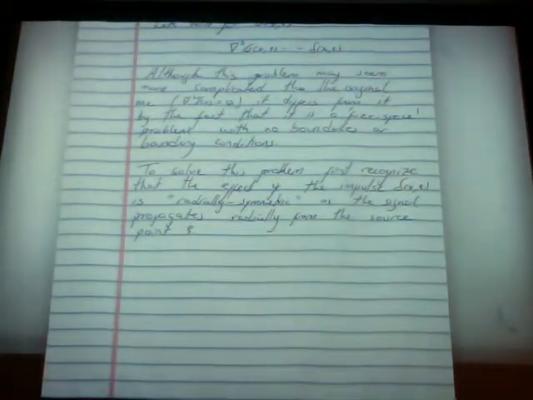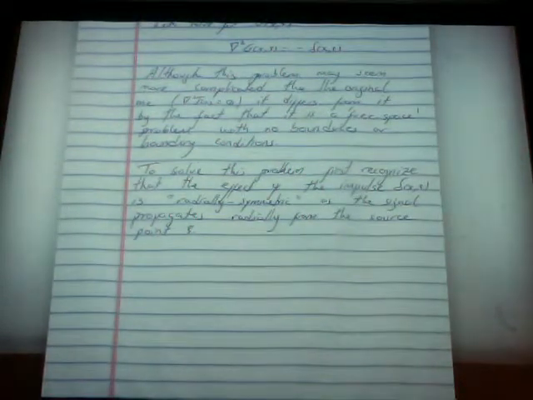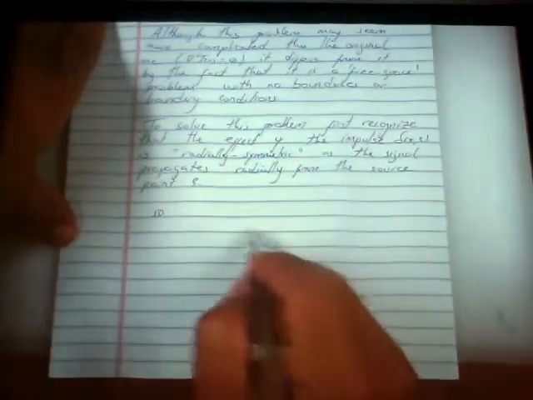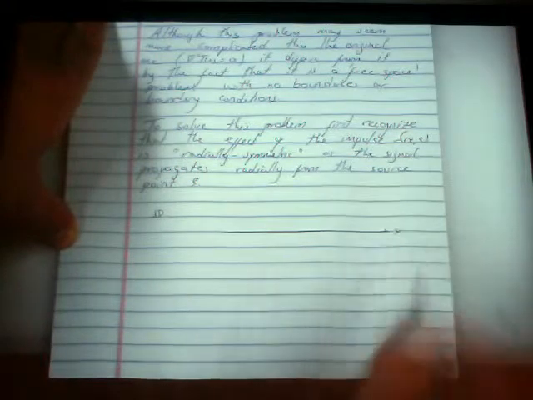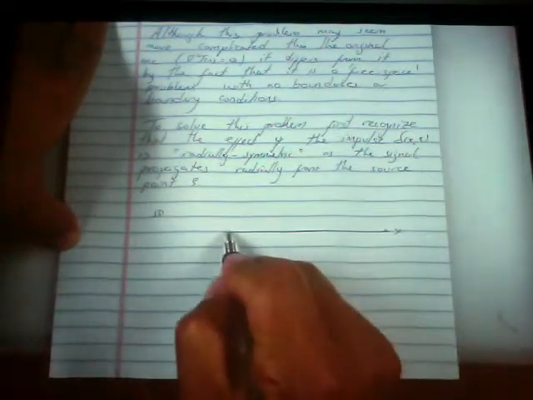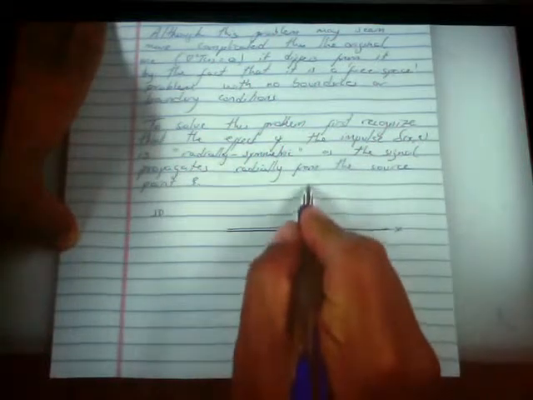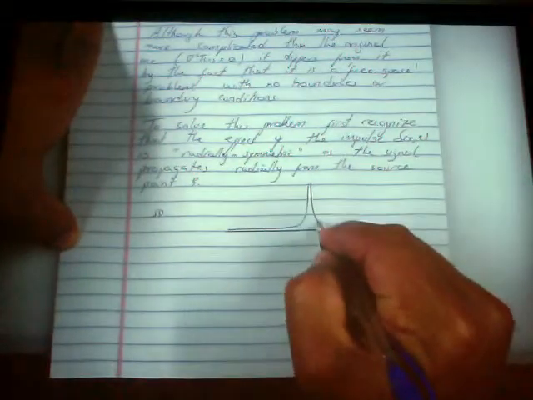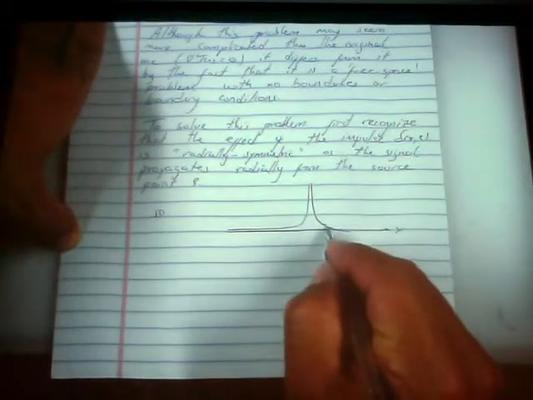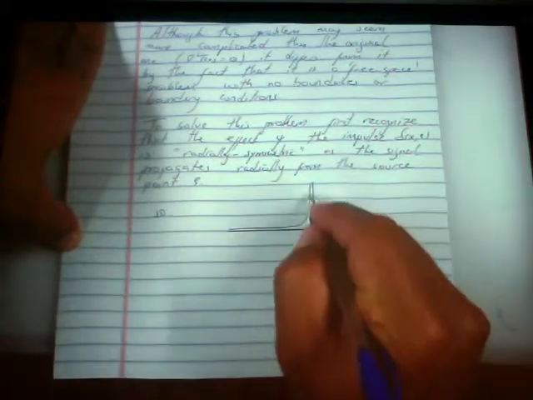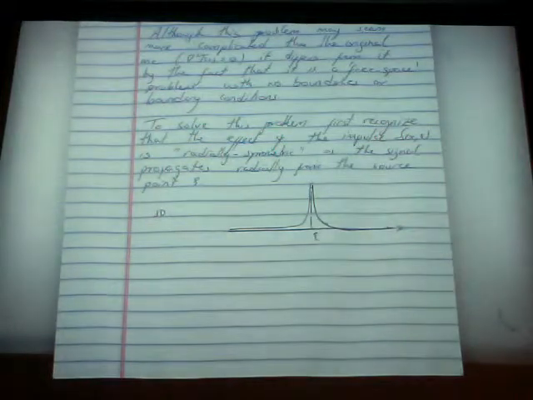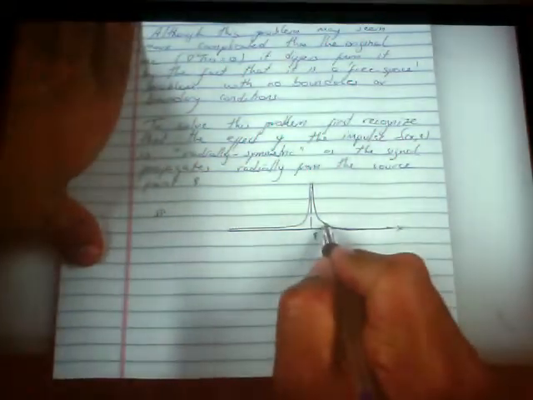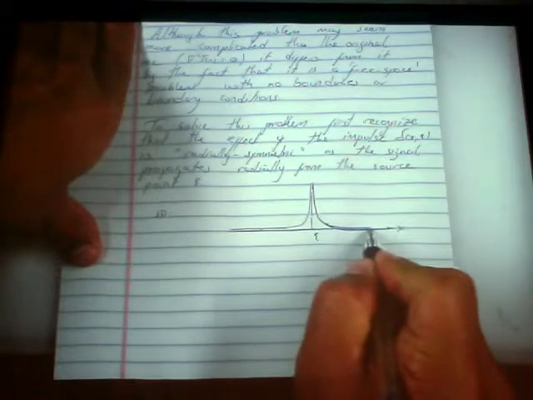Okay. So, if we're talking about a 1D problem, and this is x, this is what xi looks like, and this is what the infinite impulse would look like.